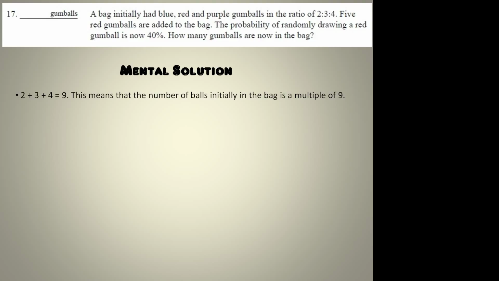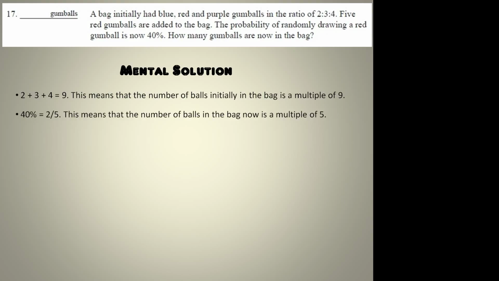So if the blue balls is 2 something, red ball is 3 something, purple ball is 4 something, the total will be 9 something. So that means the total number of balls initially in the bag is a multiple of 9.